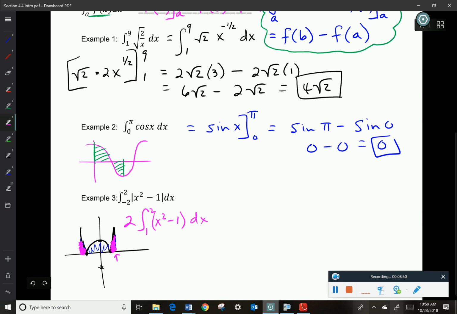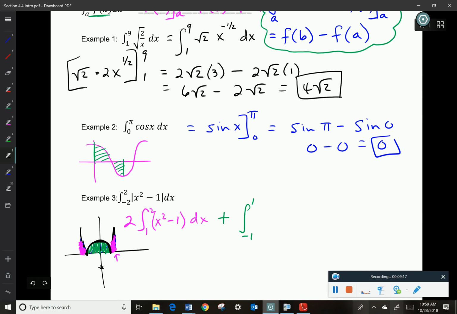So that should take care of the pink part. I can do that in a minute. And then I want to add to that this area here, right? Well, I think you would agree that's going to be the integral from -1 to 1. So now the question is, what's the equation of this? Well, that's not the basic parabola. That was the parabola after it was flipped up.